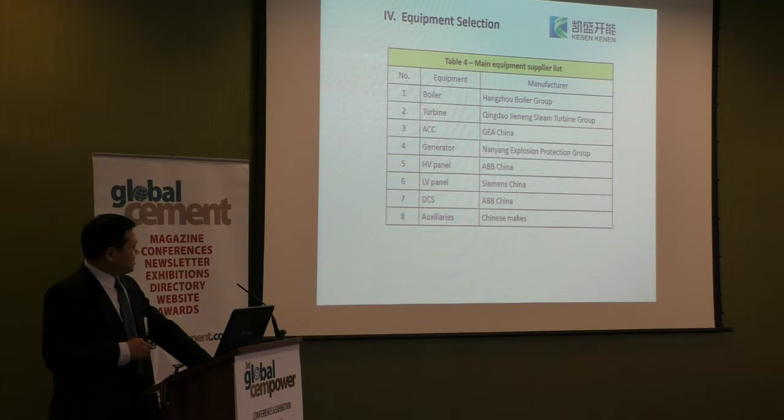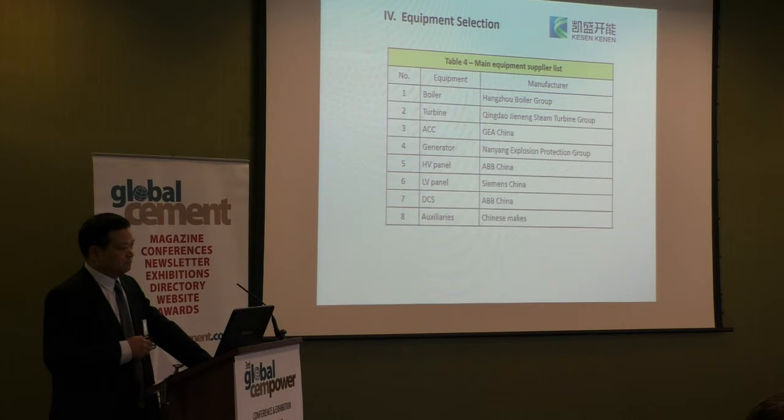For the high voltage panel we use ABB. For the other panels we use Siemens China because they don't know much about Chinese local brands. They only know ABB, Siemens, or Schneider, and these have manufacturing in China. For the DCS system we use the most advantageous system, ABB 800xA.